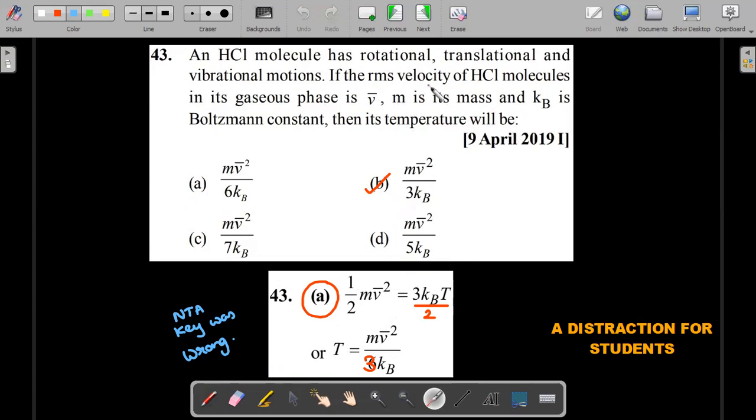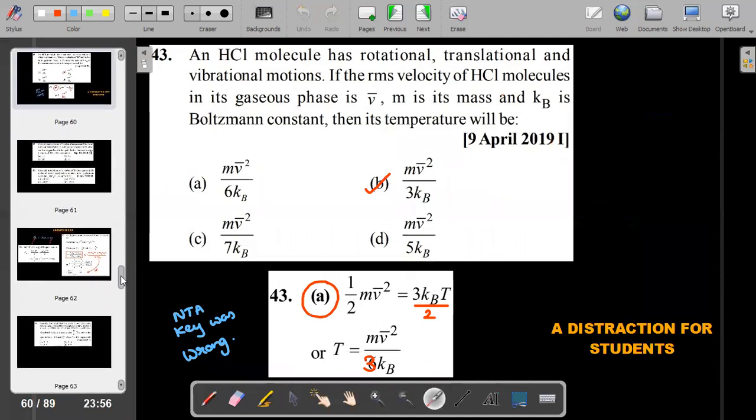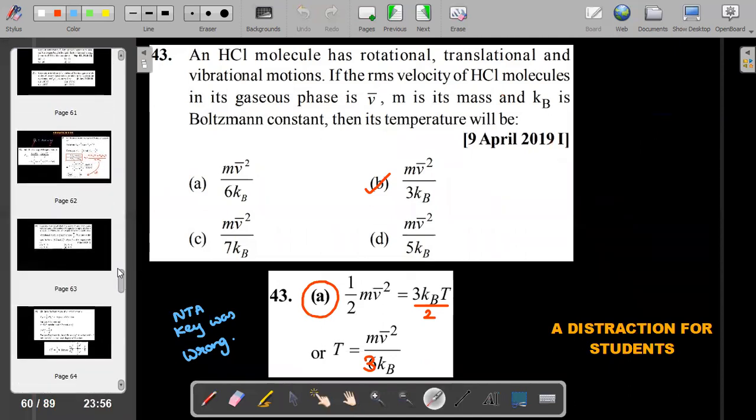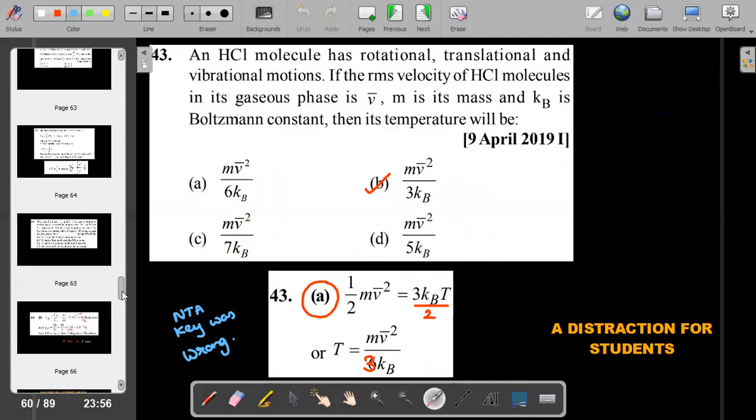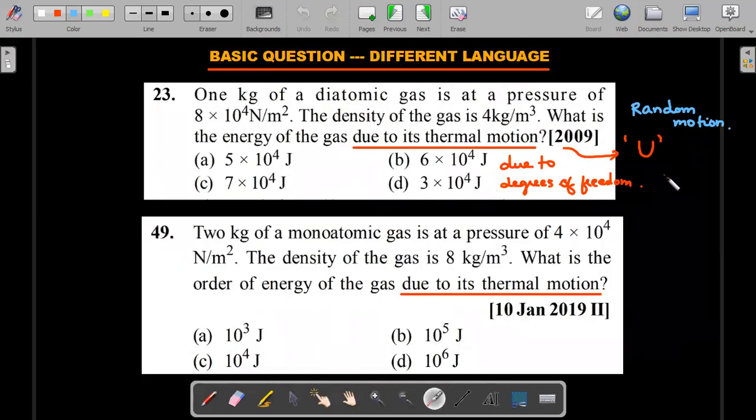Here we're talking about the RMS velocity and then relating it to temperature. So in that one we stand on the same ground, whereas when someone associates thermal motion, it is all the forms of energy. So the 43rd one, we were right, but let's go back. Yeah, this one. I just apologize again.